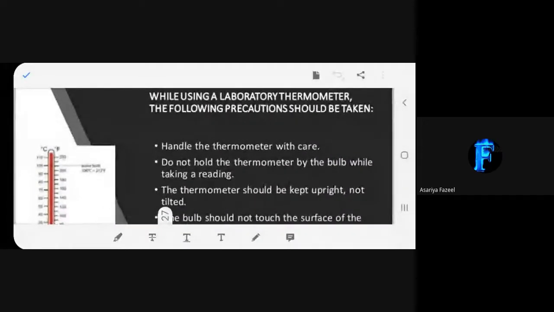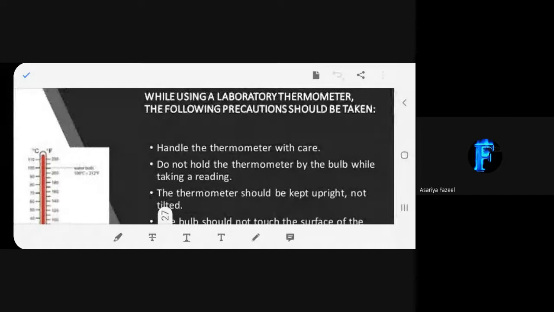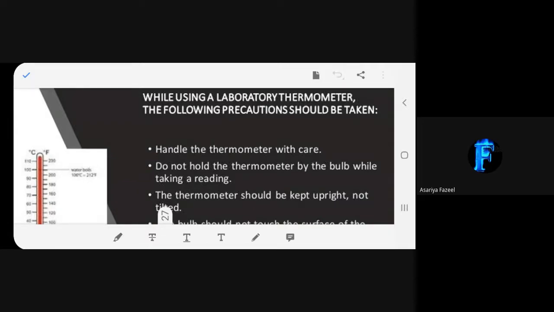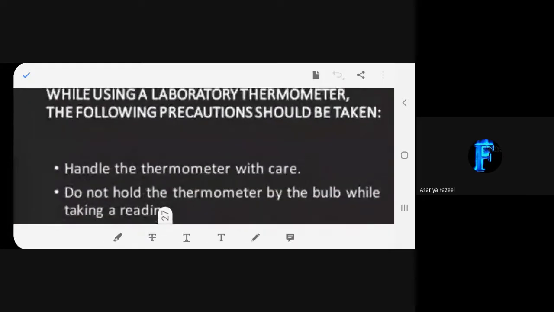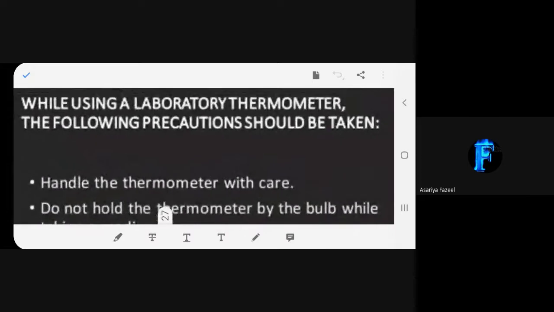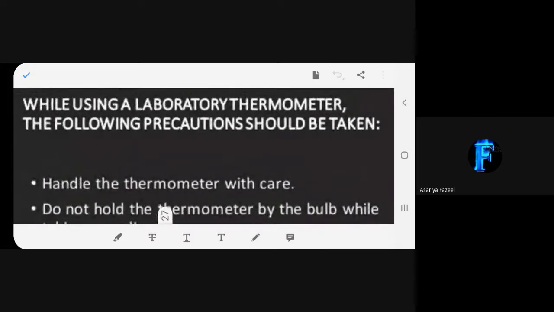So when you are using this laboratory thermometer, what are the precautions that you have to take care of? Let's do one by one. Please read.